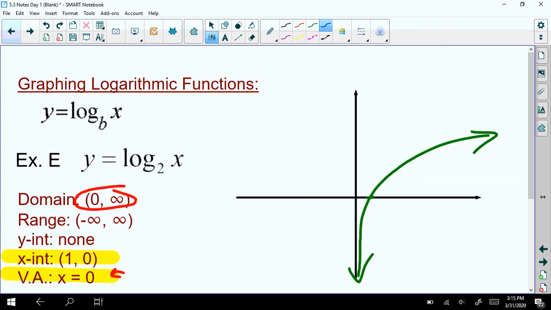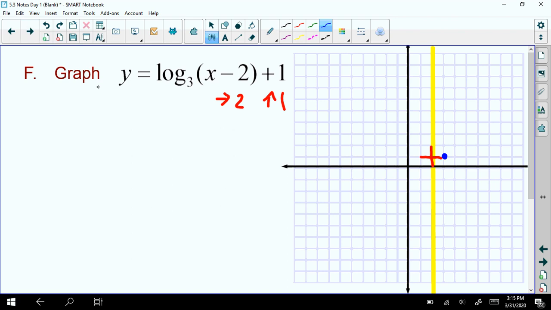Since this was base 2, it would be the powers of 2 going to the right. When it's base 3, it's just powers of 3 to the right. So 3, 1, 2. And then the next number will be 9, which is going to be just off of our graph. So that's all we're going to get. Do your shift, and then the parent function points.